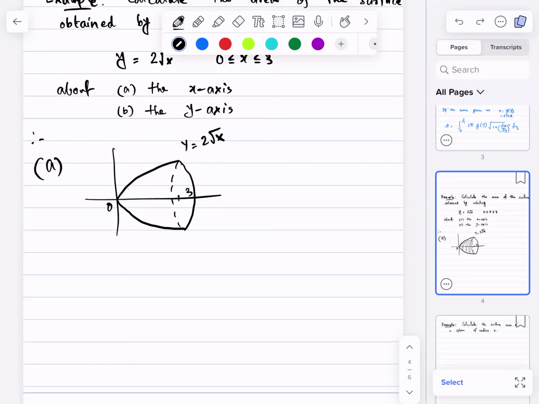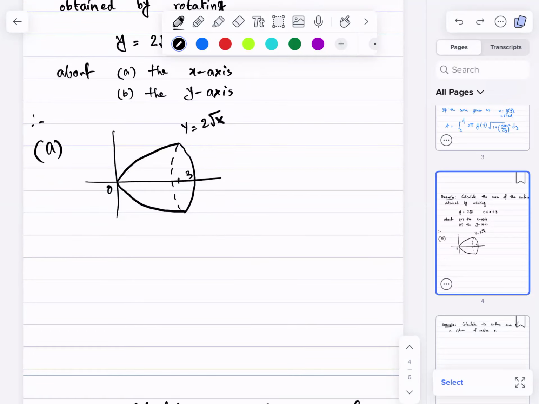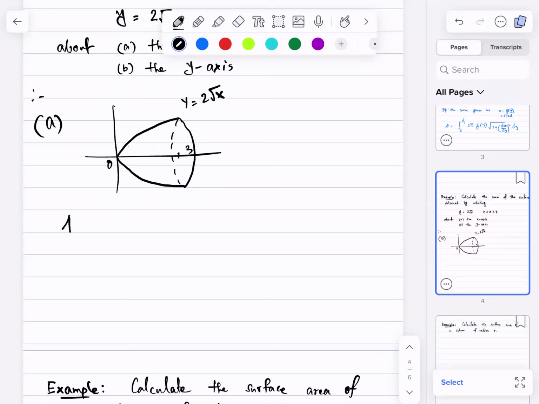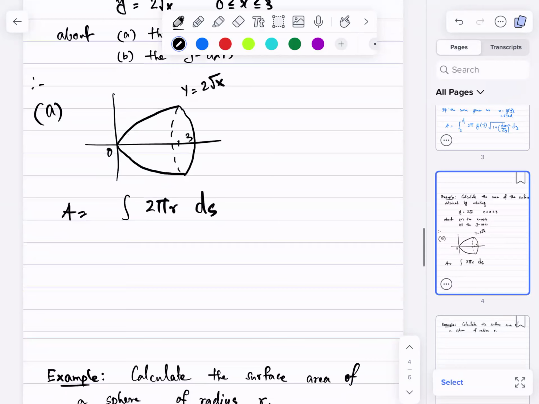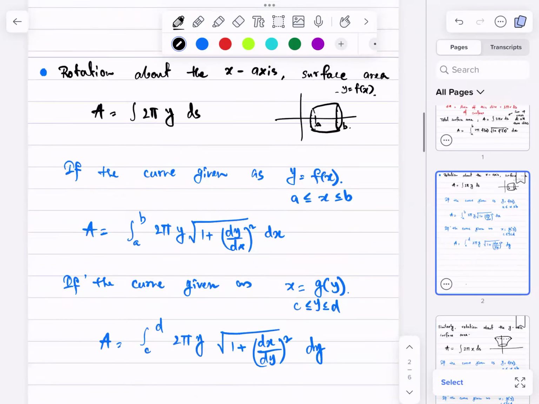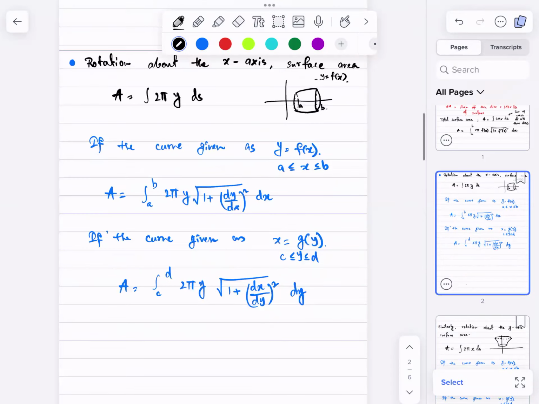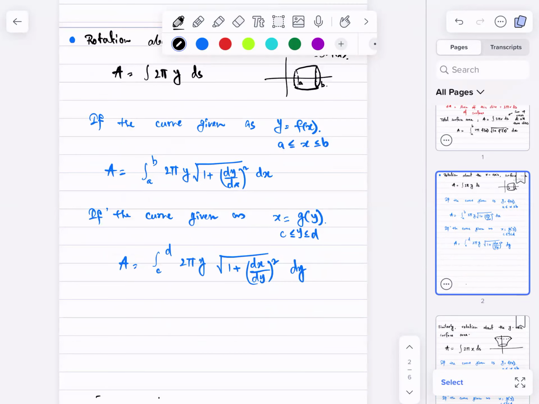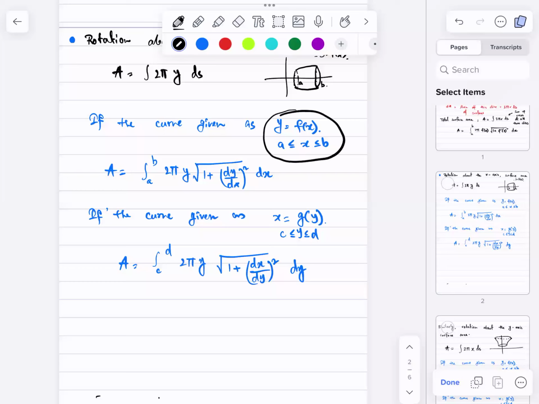Okay, cool. So by our formula, A is basically the integral of 2 pi r ds, right? Now I'm rotating around the x-axis, so I need to look at this formula. My curve is given as y equals 2 root x, so yes, it is this form.